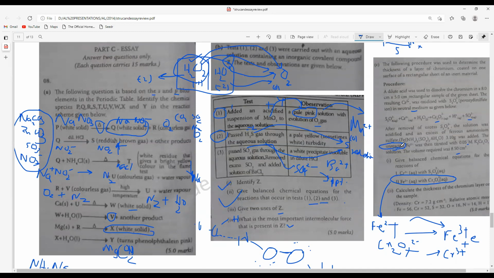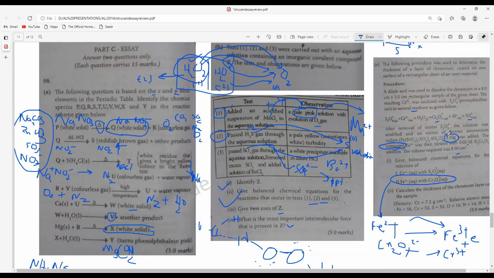That is very essential to identify, because initially there was chromium 3 plus, and when you add peroxydisulfate, it formed dichromate and sulfate. So there is no problem in that, right? But here, then S2O8 is removed, but you are adding excess of ferrous ammonium sulfate, and you have given the mass also, which means you know the initial amount of ferrous ammonium sulfate. You can calculate the number of moles by dividing this by the molecular weight.